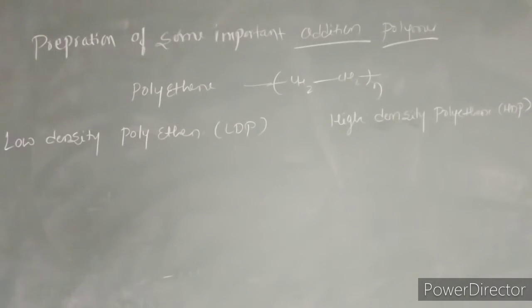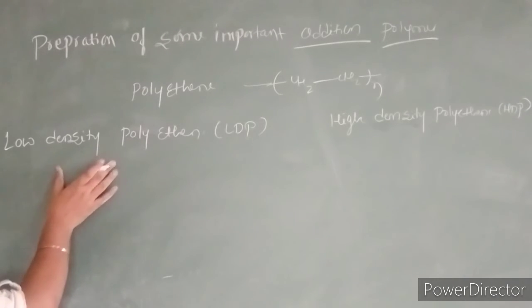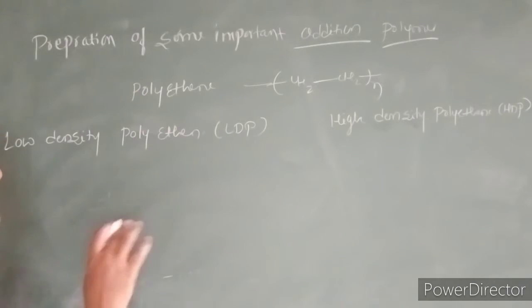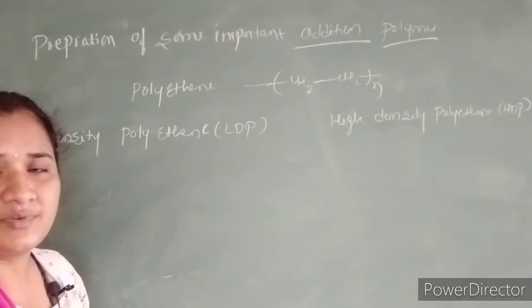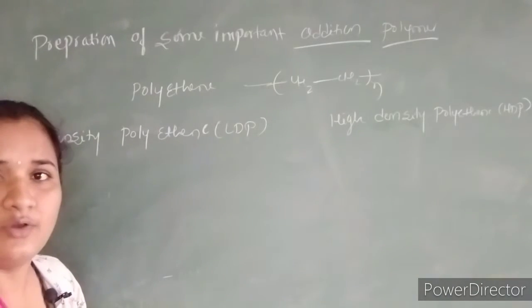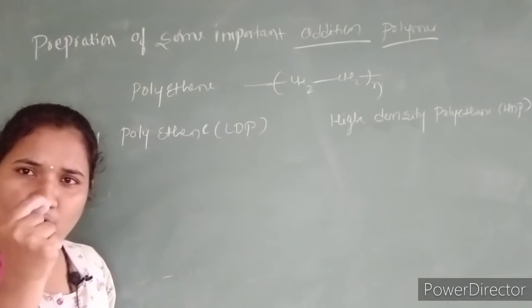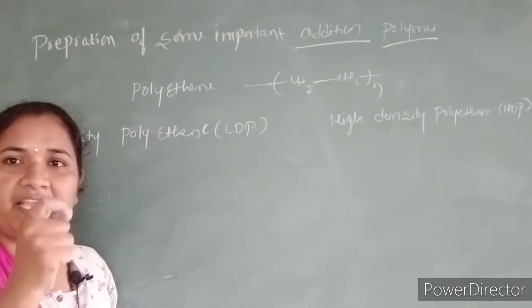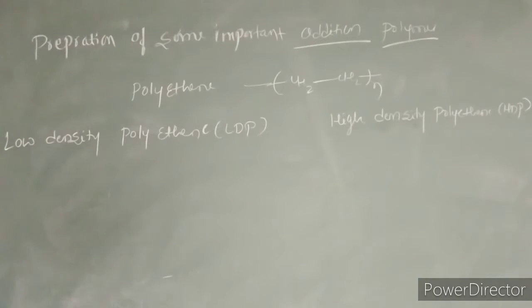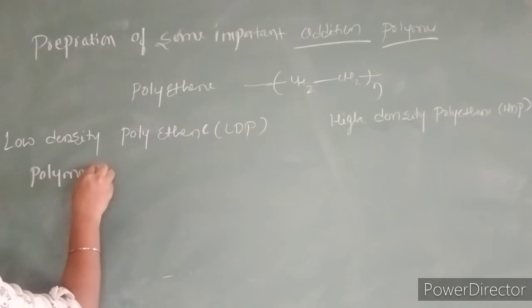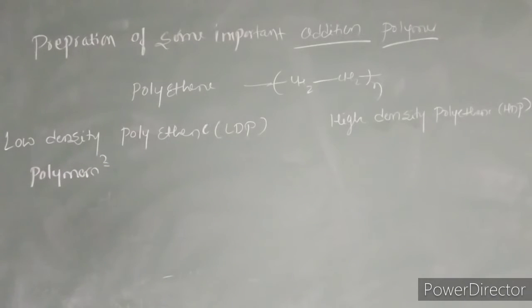In the case of low density polyethylene, we get the formation of the polyethylene molecule at high pressure as well as high temperature, with a very small amount of catalyst. A minute amount of catalyst is required here. That is called low density polyethylene. The polymerization takes place under high pressure and high temperature.